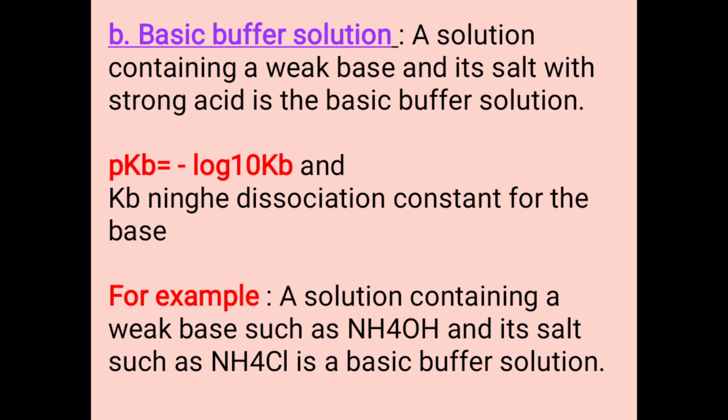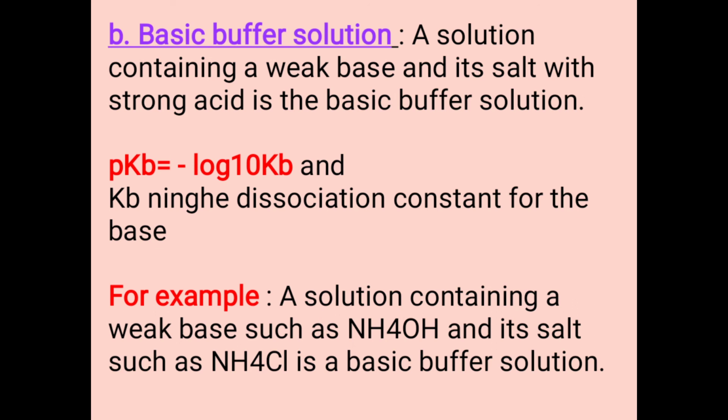According to the pH, pKb is equal to minus log to the base 10 of Kb. So according to this we can find the pKb, where Kb is the dissociation constant for the base. The example of a basic buffer solution is a solution containing a weak base such as NH4OH.